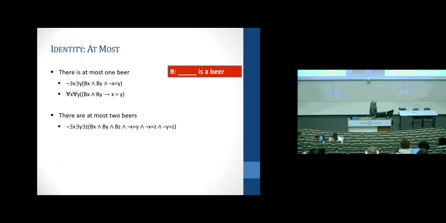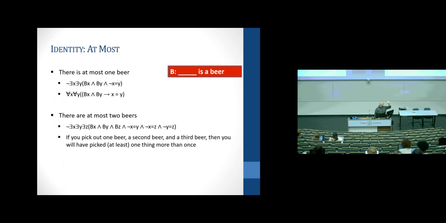Well, it's the same basic process. If there's at most two, then we will say, hey, if you reached into the domain 3 times and you pulled out what you thought were 3 beers, then either your first 2 grabber arms got the same thing, or your second pair got the same thing, or your third pair got the same thing.